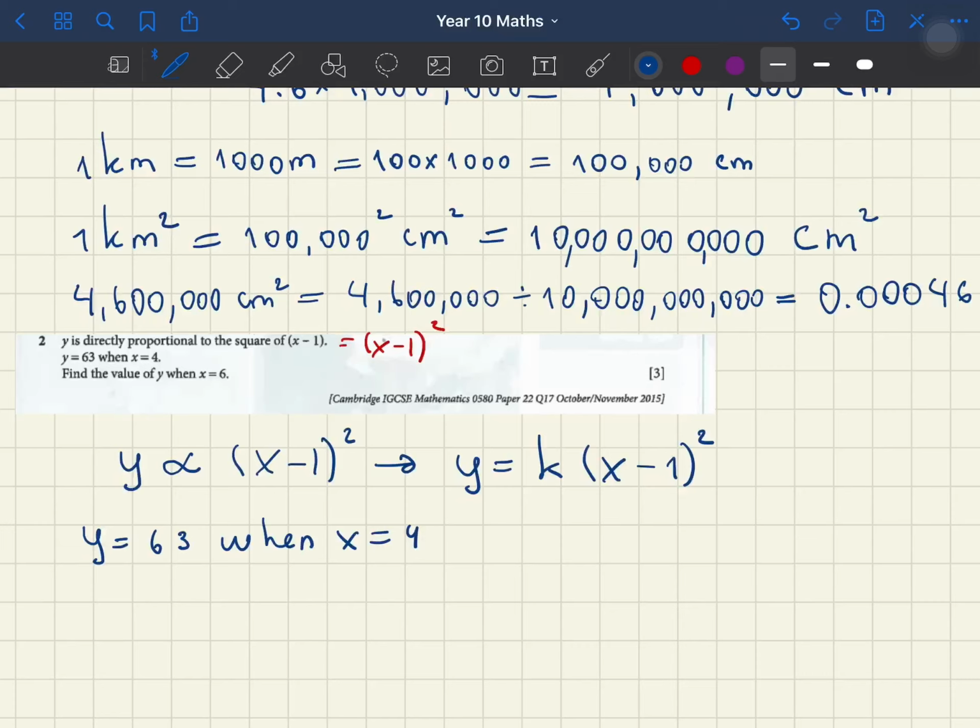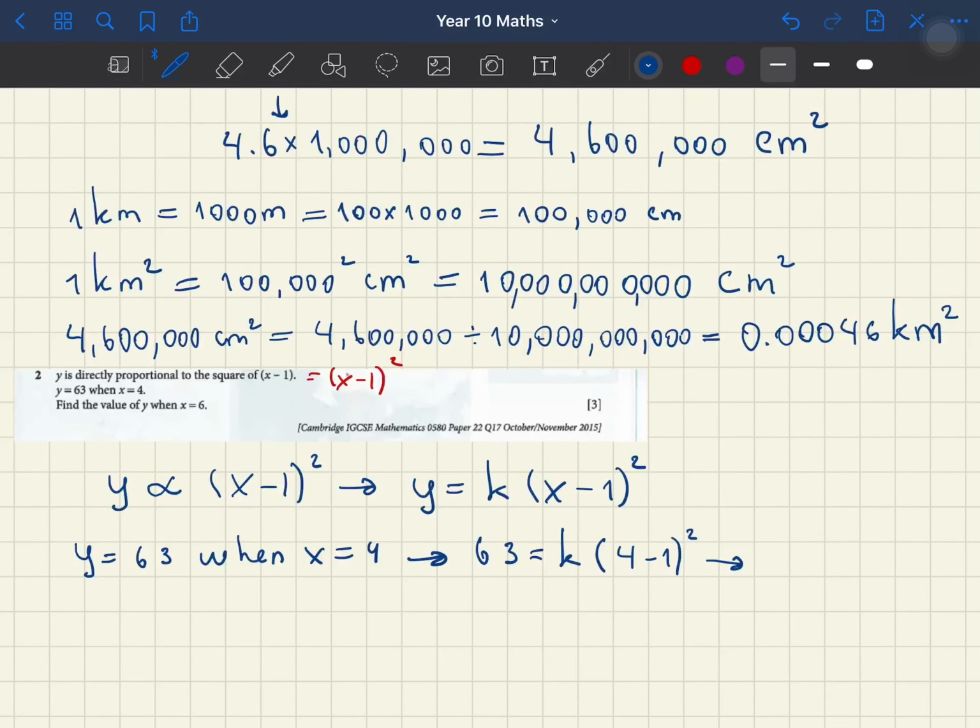So what does it mean for us? It means that we can take these values. We can replace y with 63 and x with 4, right? So we will have 63 equals k times 4 minus 1 squared.